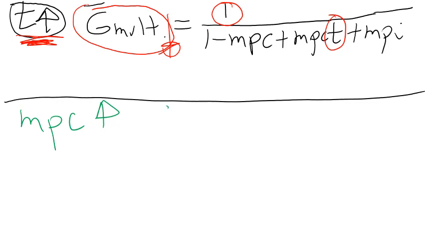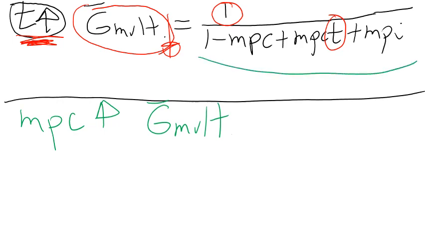Again, the question is, what happens to the government spending multiplier? Again, we would use the same equation, 1 divided by all of these denominator numbers. So MPC is here, and it's here. But the strongest effect is right there, isn't it?